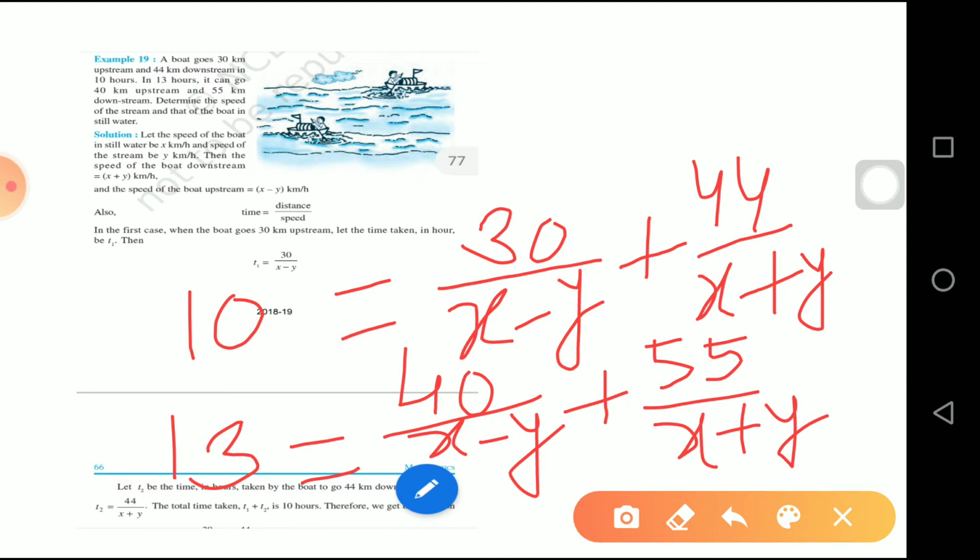Now we have two equations in variables x and y, but these are not linear equations in two variables. So as we discussed, we will convert these equations in linear equations in two variables.